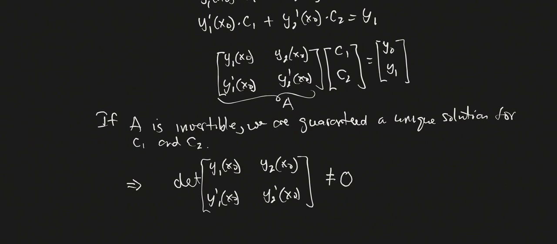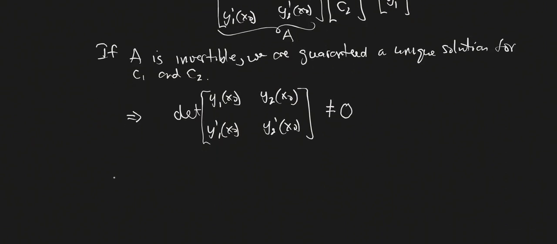This quantity here, right, what's the determinant of the coefficient matrix? This is what we define as the Wronskian of these two functions, the y1 and the y2, right?